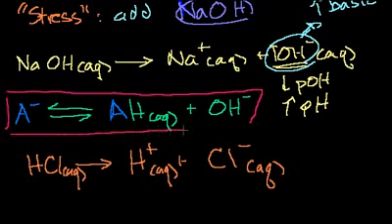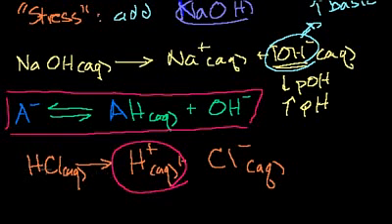But what happens if you add hydrochloric acid to this solution right here, this one that has this weak base and its conjugate weak acid? Well, all of these hydrogen protons that dissociate from the hydrochloric acid are all going to react with these OHs you have here. And they're just going to cancel each other out. They're just going to merge with these and turn into water and become part of the aqueous solution. So the OHs are going to go down initially, but then you have this reserve of weak base here.